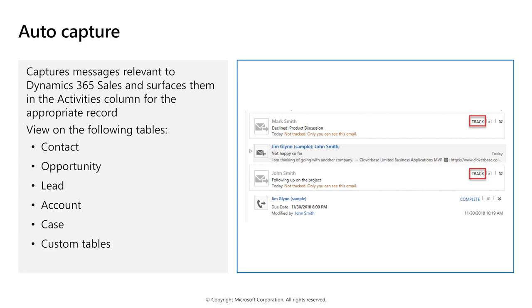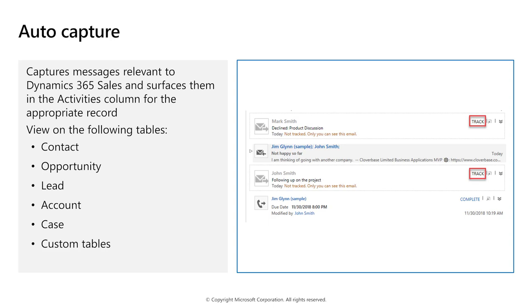Auto Capture enables Dynamics 365 for Sales to access your email in Microsoft Exchange to find and display messages that are related to your work in Dynamics 365 for Sales. It makes it easy to see relevant email messages together with all the other activities that are related to a given record in Dynamics 365. Each message remains private and visible only to you unless you choose to convert it to a tracked email, which you can do with just one click to make that email visible to the rest of your team in Dynamics 365 Sales.